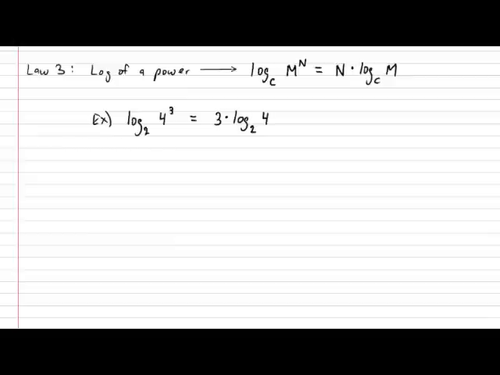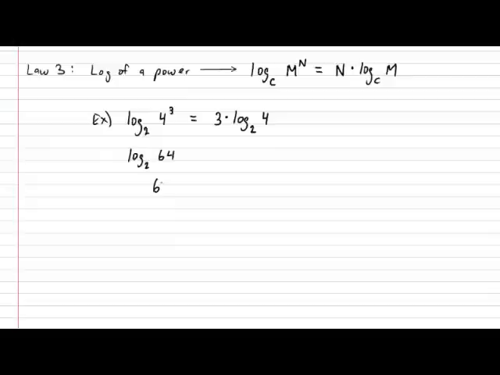The exponent 3 has been brought down to the numerator position. Now let's prove that both sides are equivalent. Let's simplify the left side. Simplifying the left side will give us log base 2 of 64, which will equal 6, because 2 exponent 6 gives back the 64.